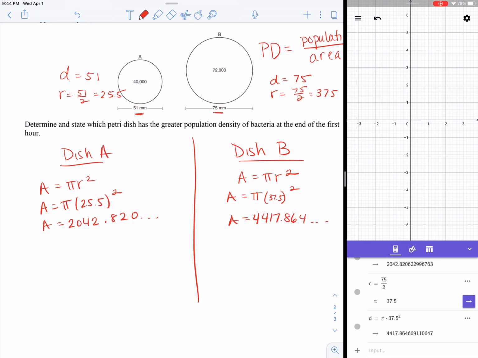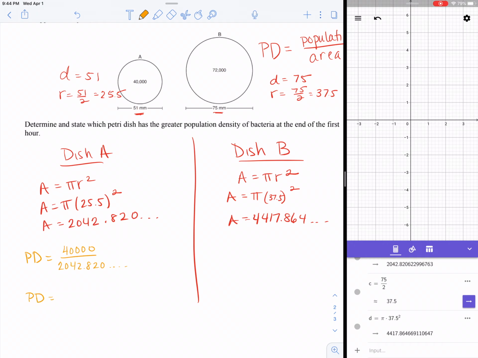Then for each of them, I'm going to get the population density by taking the number of bacteria. For dish A, it's 40,000 divided by that number I got, 2042.820.